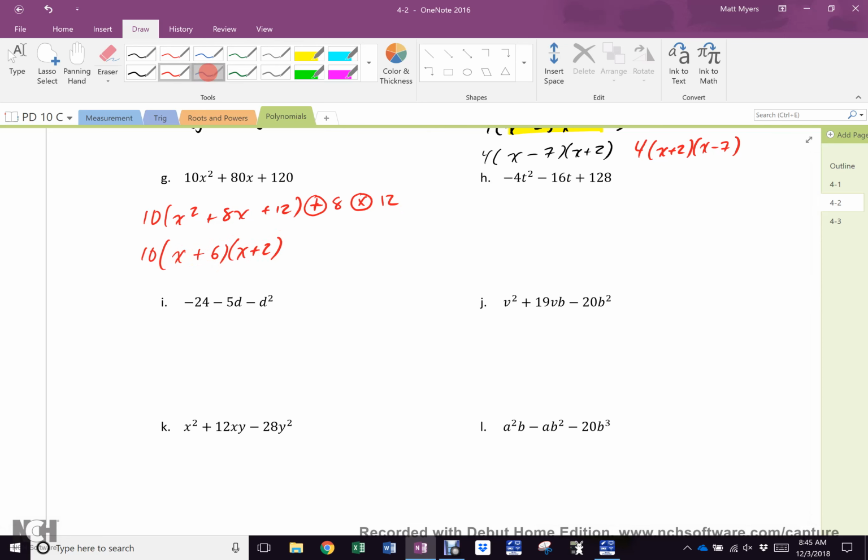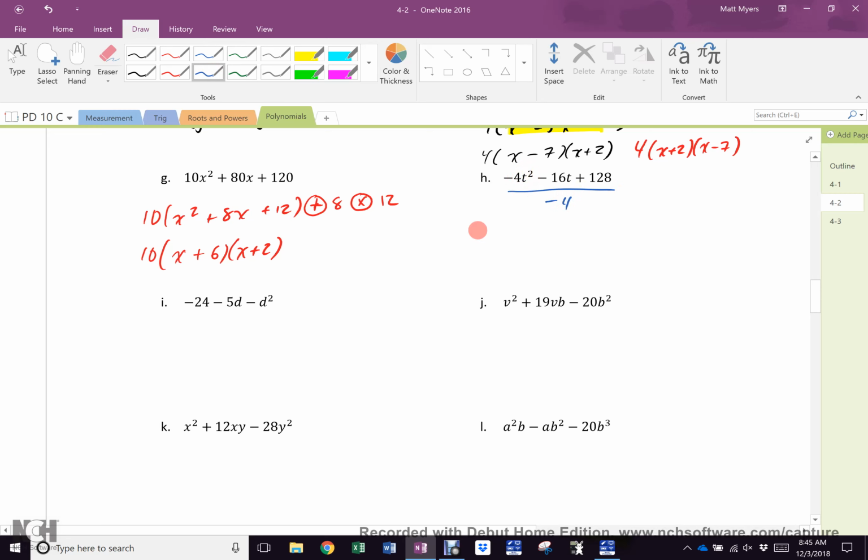What's happening in H? This is one of those weird ones I was talking about at the very end of last class. What don't we like there? Suhani? I don't like that -4. Now, normally we call it greatest common factoring, yes? But -4 is smaller than 4, isn't it? But we're still going to take out a -4 because we don't like a negative at the beginning of a bracket.